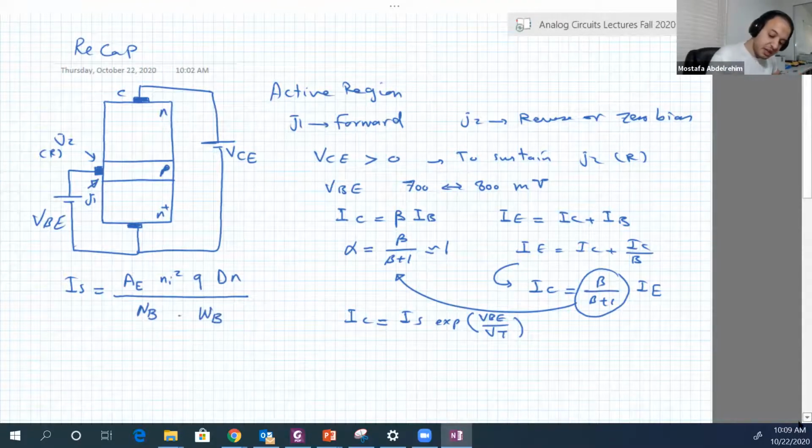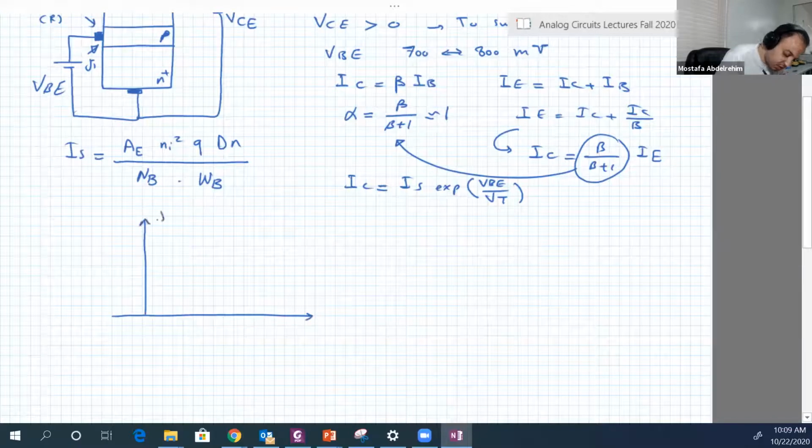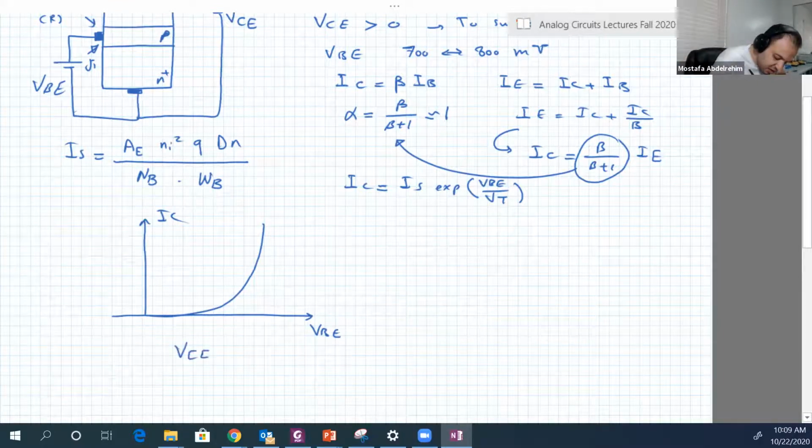Finally, in active region, if we want to draw the characteristics between IC and VBE, it will be something like this, just like a diode. And just one note here, when we draw these characteristics, we should fix VCE. So VCE here is constant.